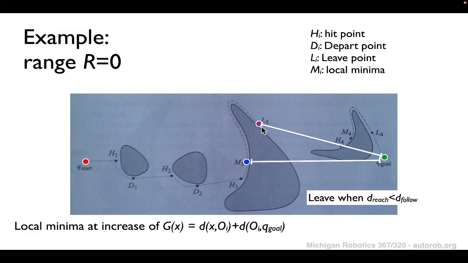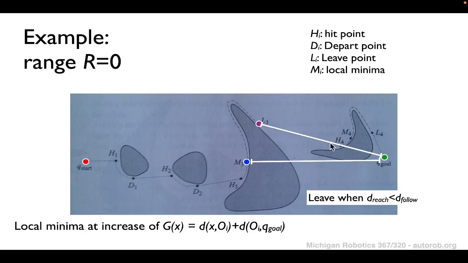So the d-reach variable is ultimately going to be updated based on this point that it reaches here, which has a distance between the goal and this obstacle extent, which is like an infinitesimal point located at the current robot configuration that's also in collision with the obstacle's boundary.